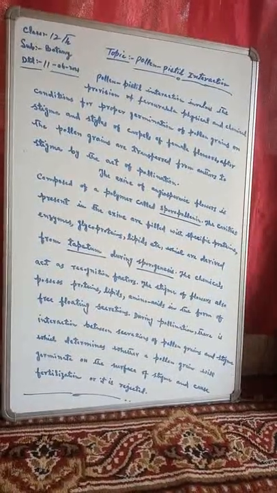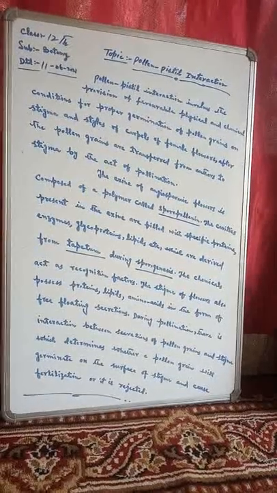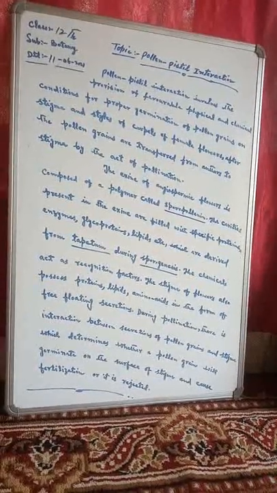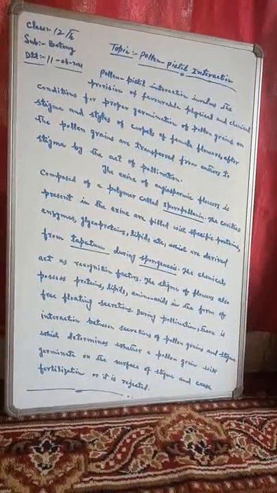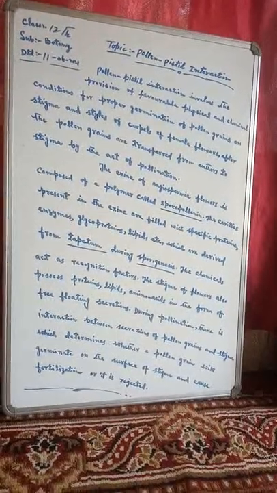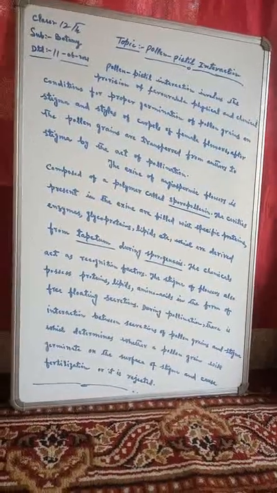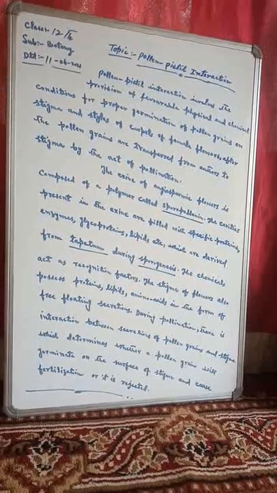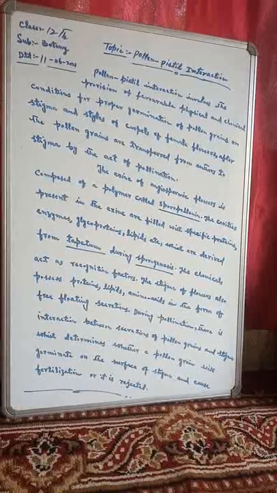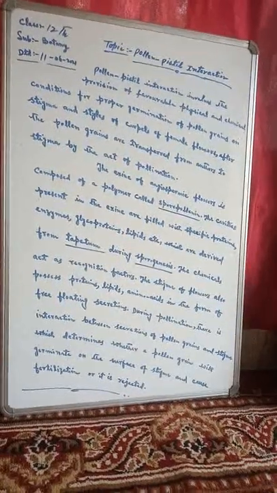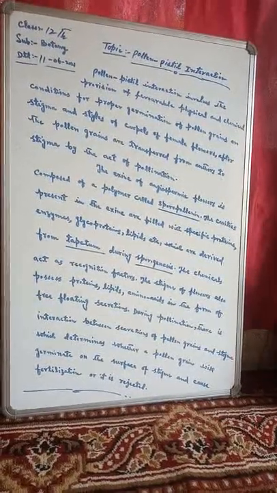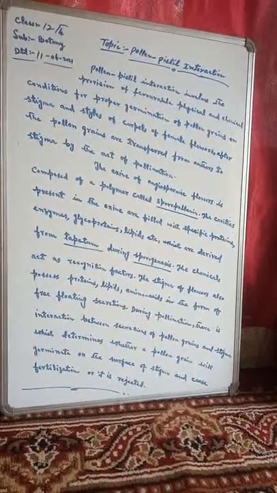Now, during pollination, there is interaction. What happens when the pollen grains are transferred from anther to stigma and the pollen grain stays on the stigma? There is interaction between these chemicals of both the pollen grain and the stigma. These chemicals now determine whether the pollen grain can germinate on the surface of the stigma and cause fertilization, or it is rejected.